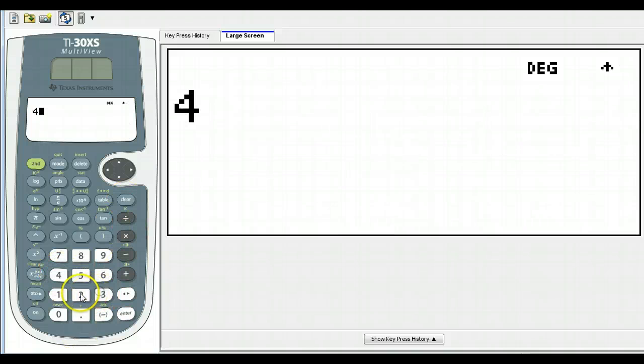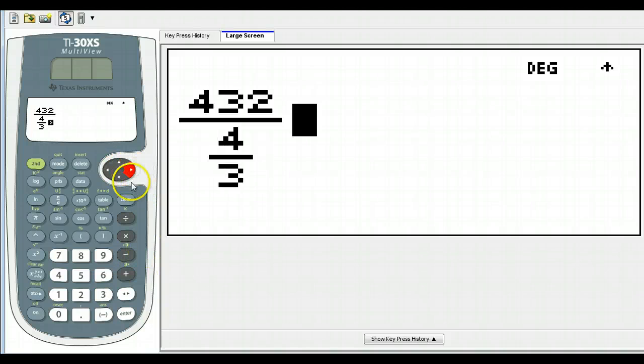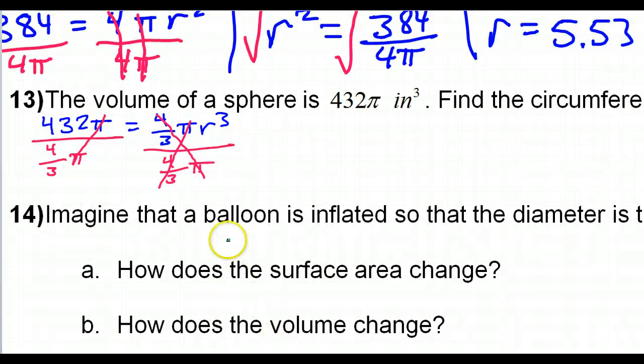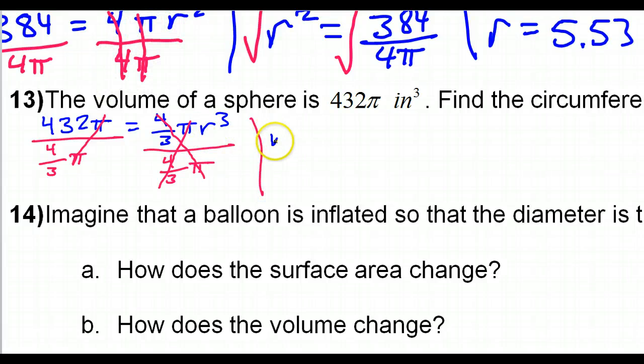You can just put it all in the calculator. It's very powerful. That turns out to be 324. So far that means I have r to the 3rd power is equal to 324.